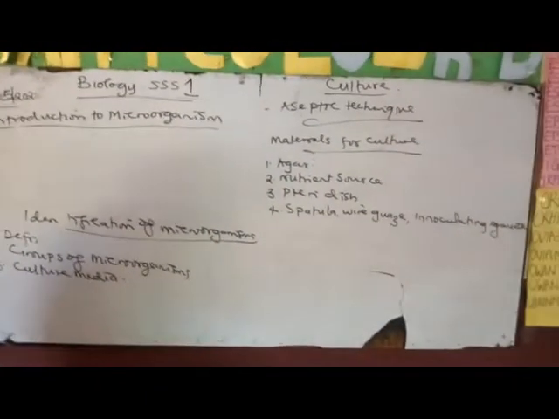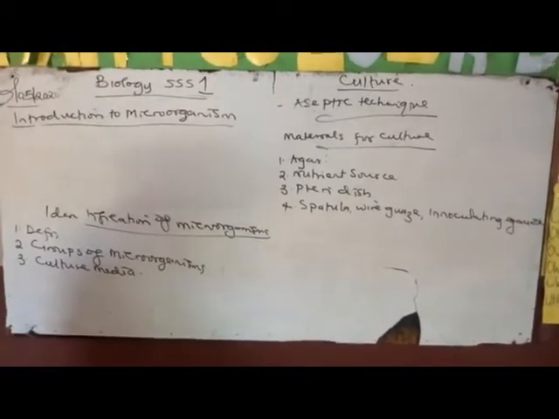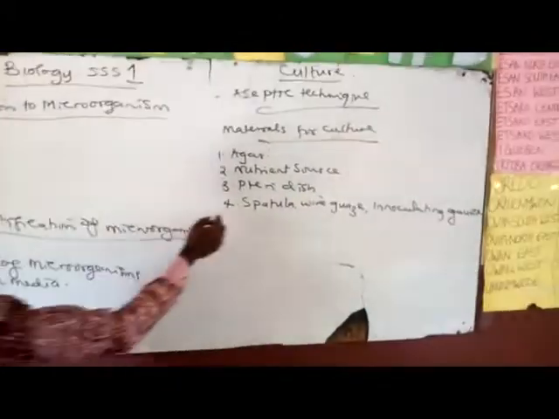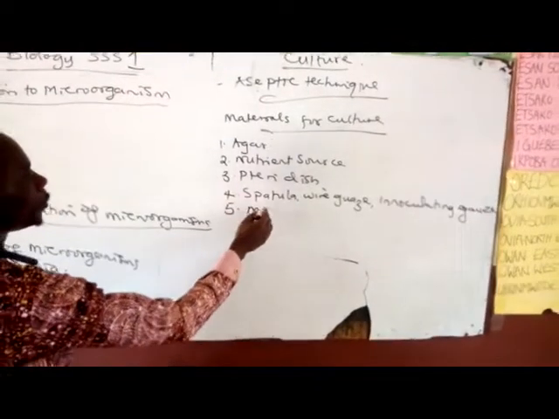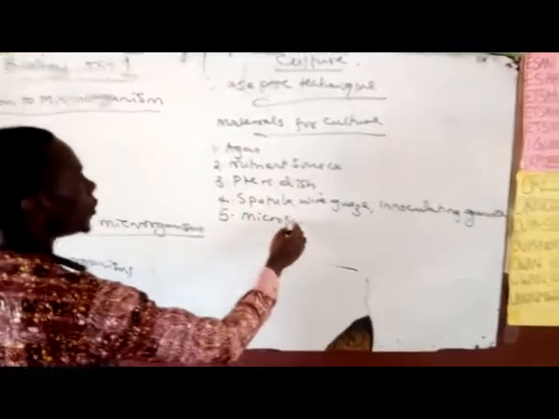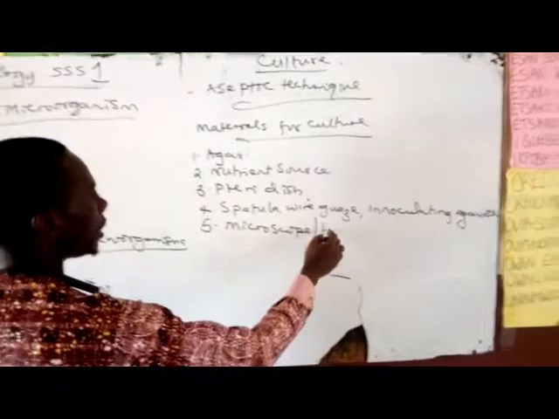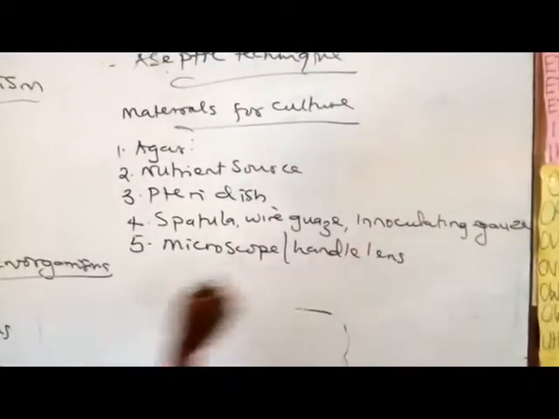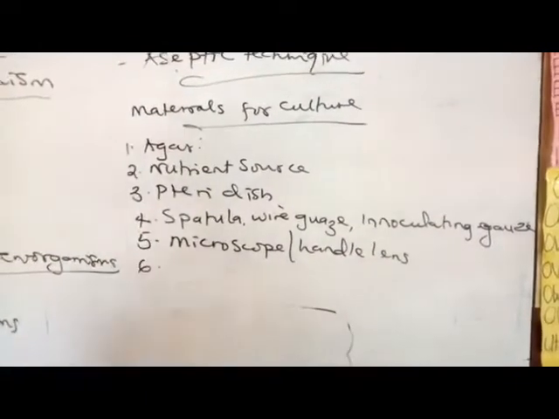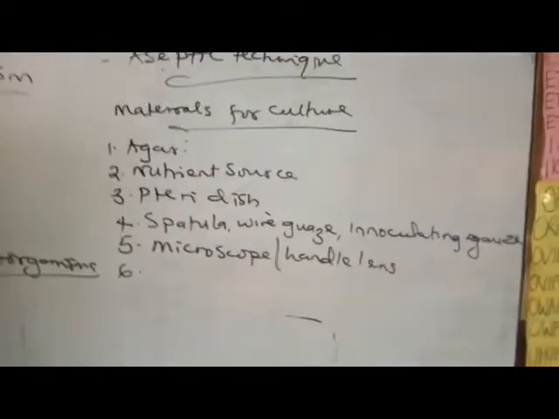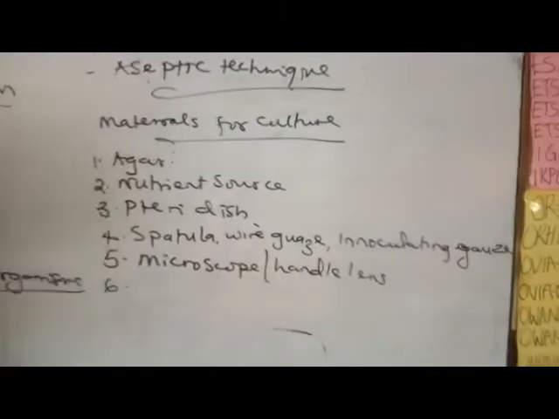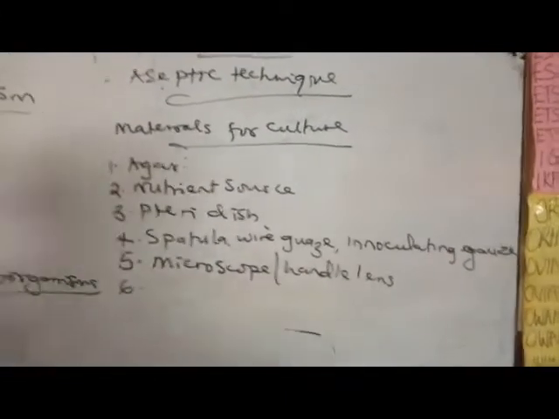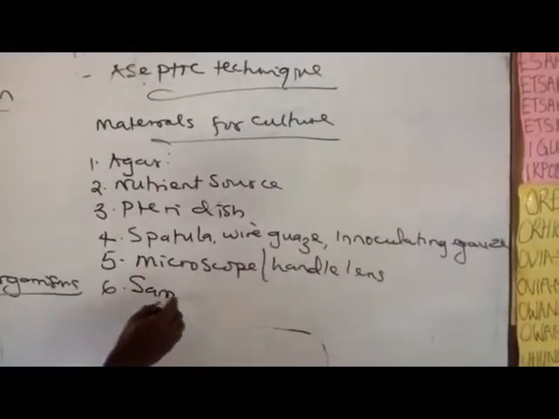Then you need a microscope or hand lens with which you will be able to view the microorganism that you are growing. And then you also need a source of the microorganism, the sample source.